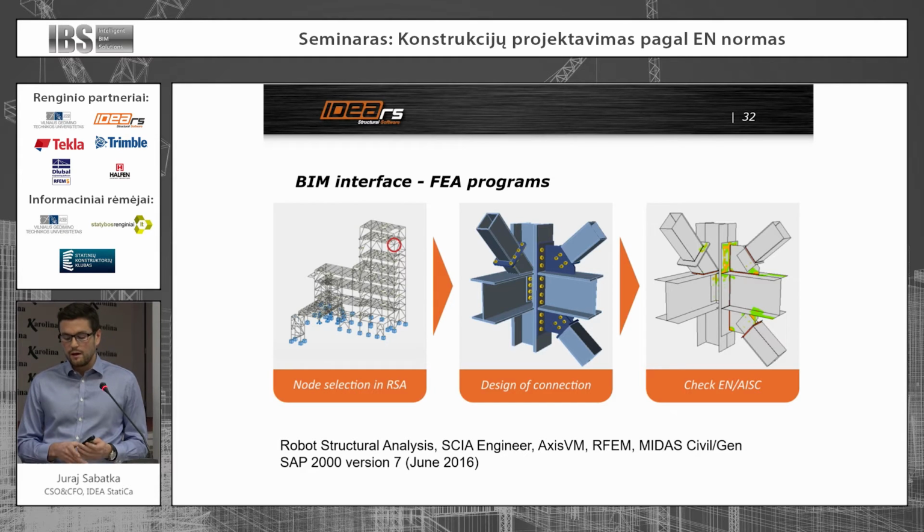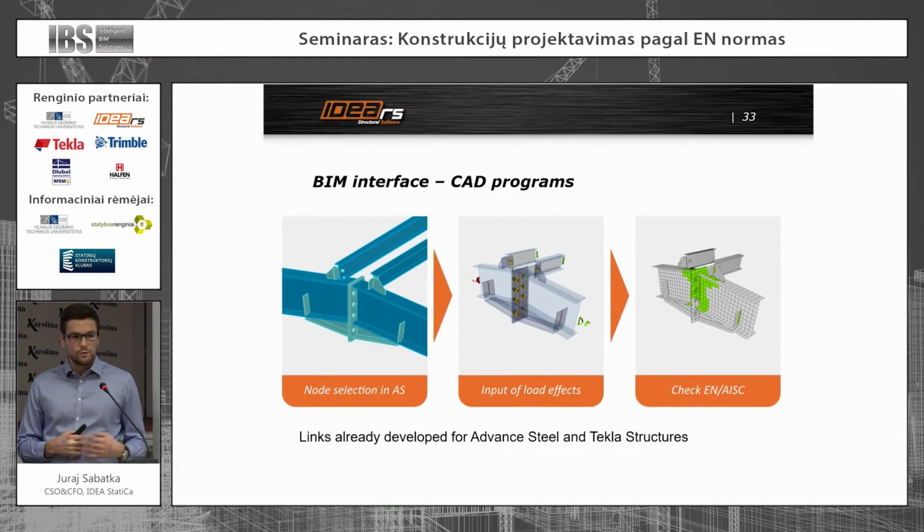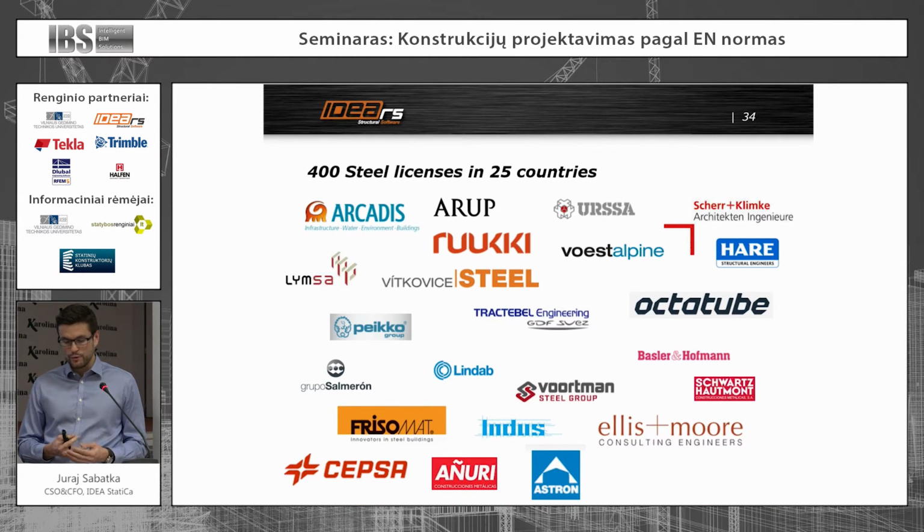IDEA Connection picks it up, and you go to the check, Eurocode, AISC. When it comes to CAD programs, you get the geometry, but you don't get the loading. So we enable you to input the loading from an Excel spreadsheet by hand and go to design. In CAD programs, we focus on technical structures and advanced steel.